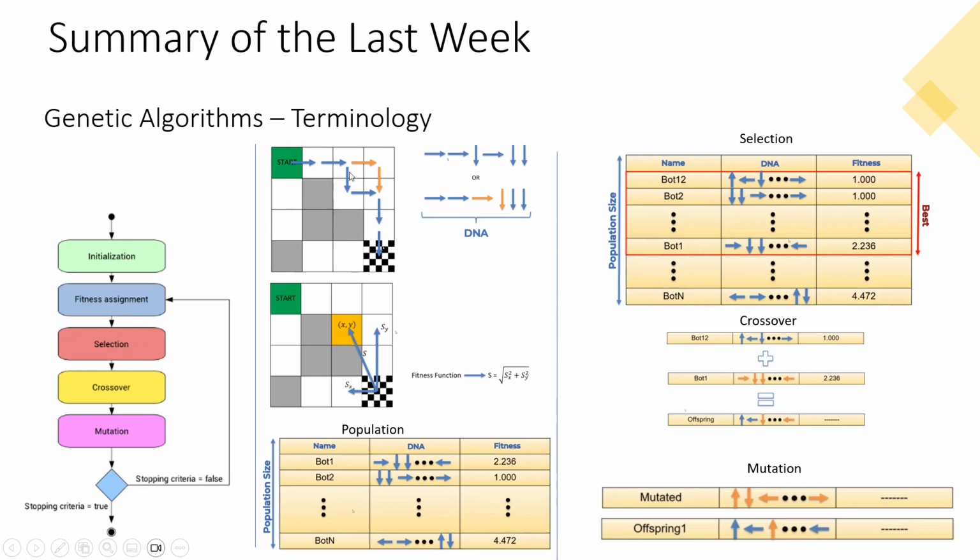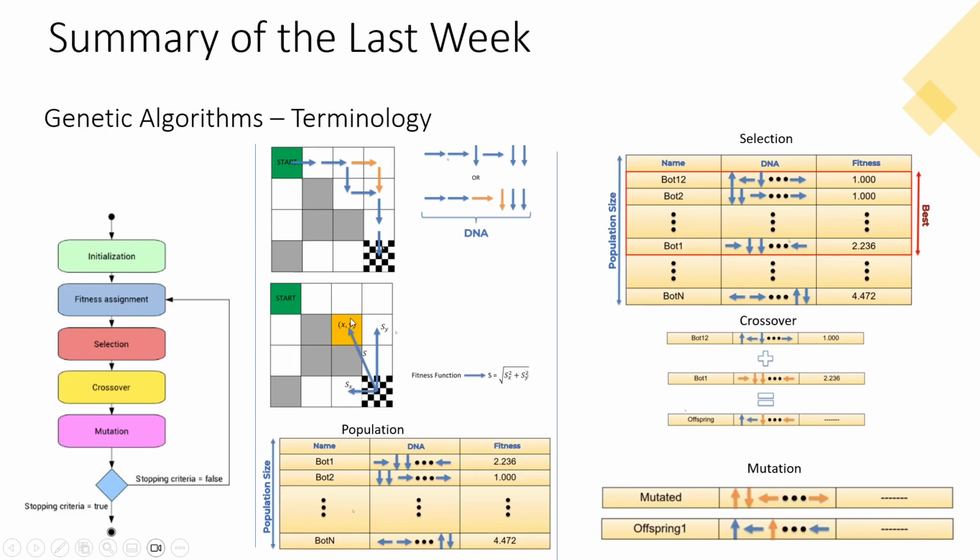And we have seen these examples. The idea was we start from here and we would like to go to this cell, and every movement our bot or the robot makes was called a gene, and the combination of these genes was called the DNA. Okay, if you remember. And the fitness function was measuring how good the robot was performing.